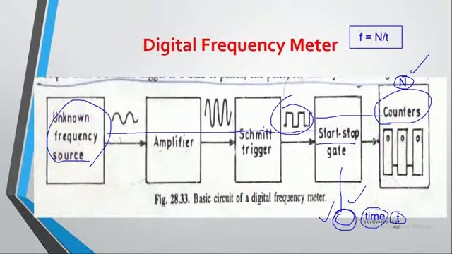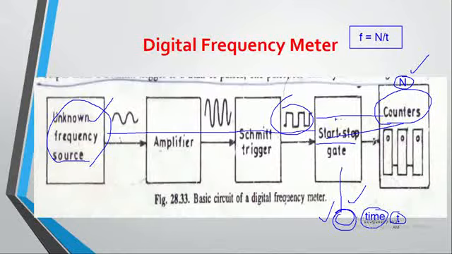I'll come to the rest of the blocks. Just remember that the unknown signal, let's assume it is a sinusoidal wave, is converted into pulse format, and these pulses are given as an input to the counters via the switch.